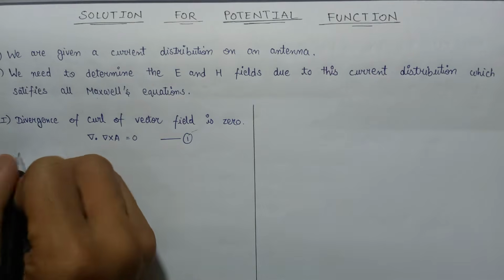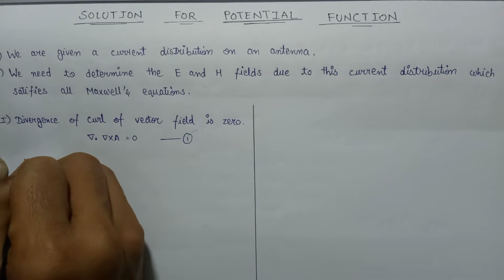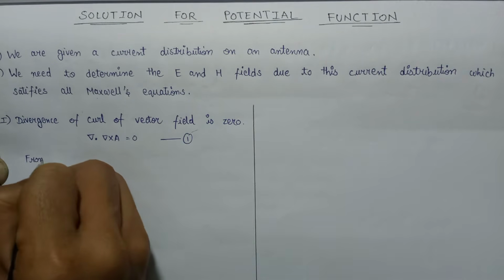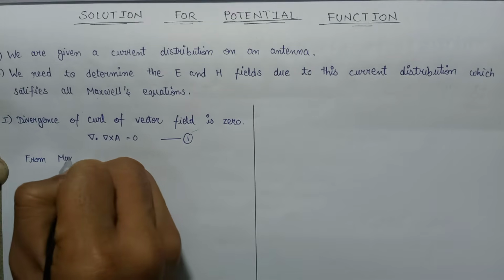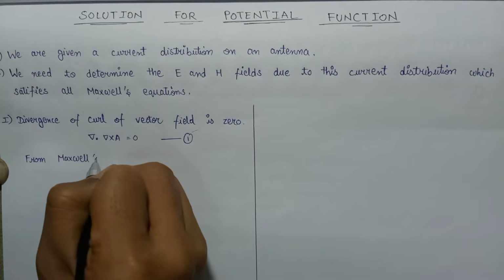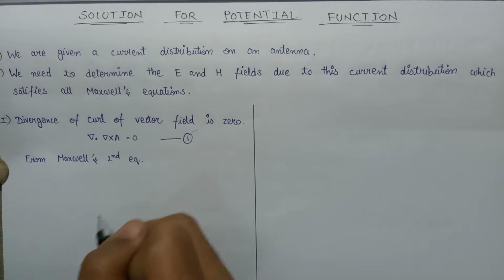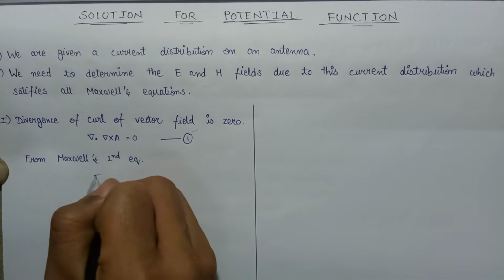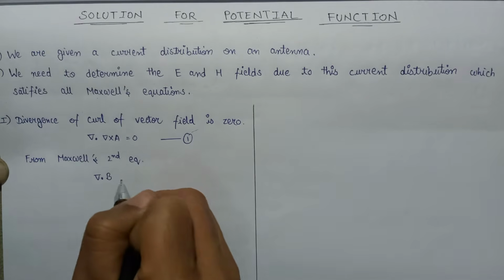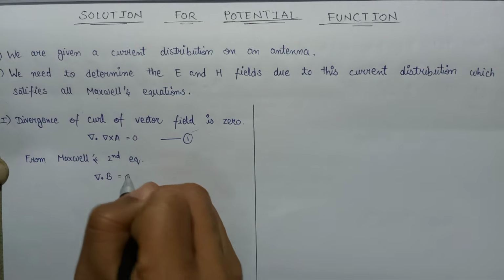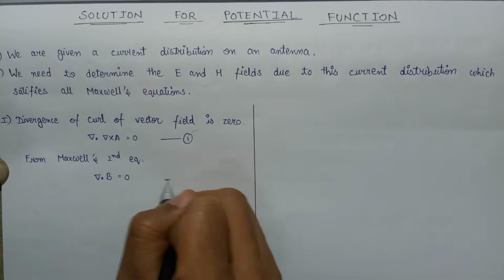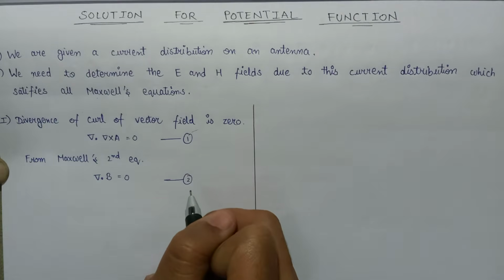And from Maxwell's second equation that we discussed, we can say that del dot B will always be equal to 0. Let me give it as equation number 2.